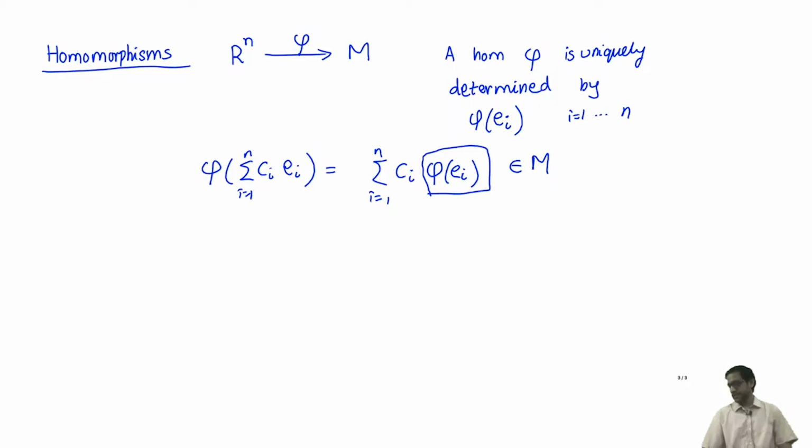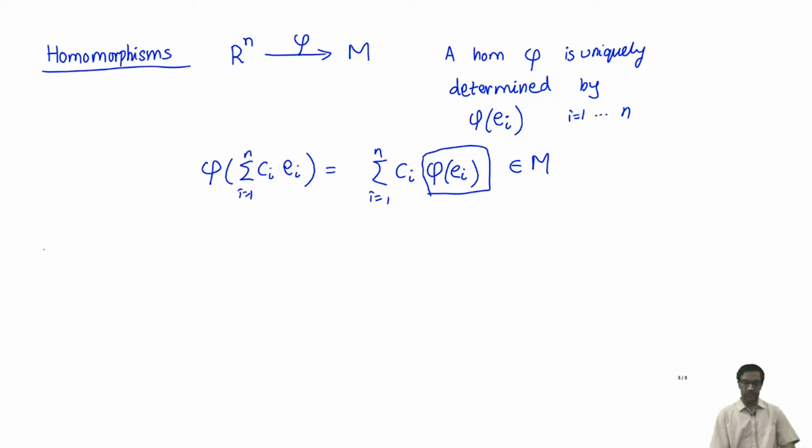There is actually an existence and uniqueness statement hidden in this, which is that if you give me some elements mi, then I can find a homomorphism such that phi of ei is mi, and there is only a unique such homomorphism. So maybe one should make this slightly more precise.